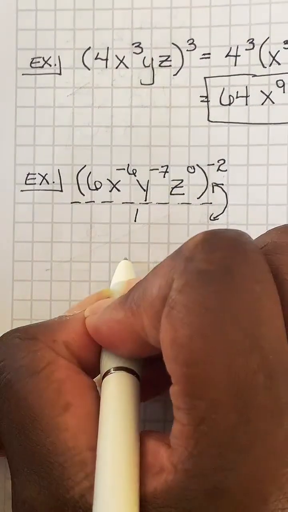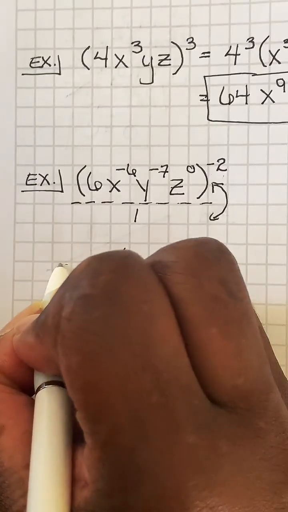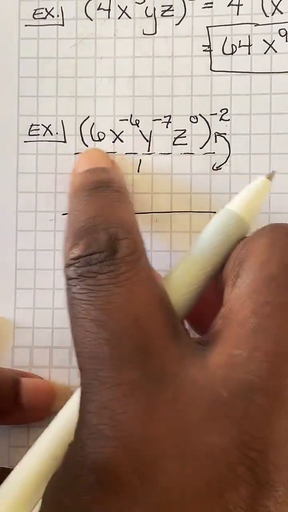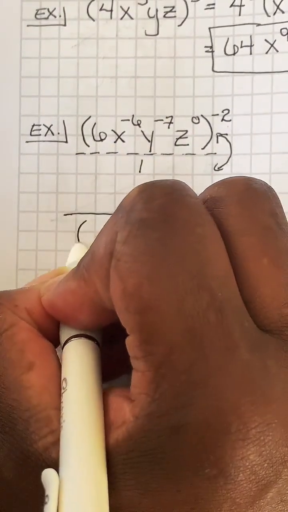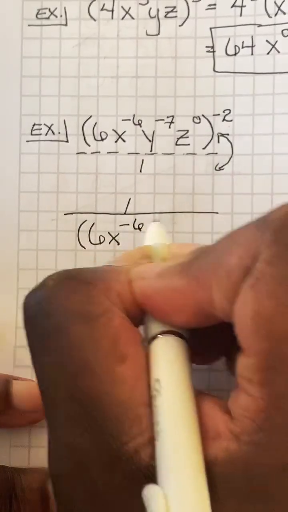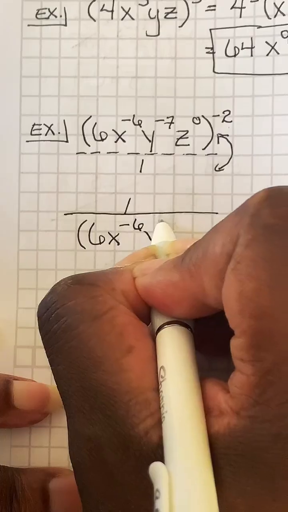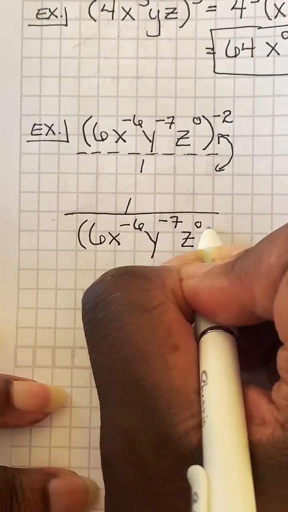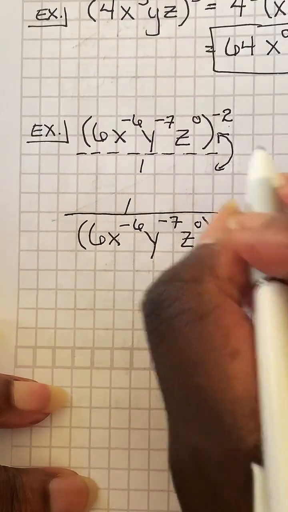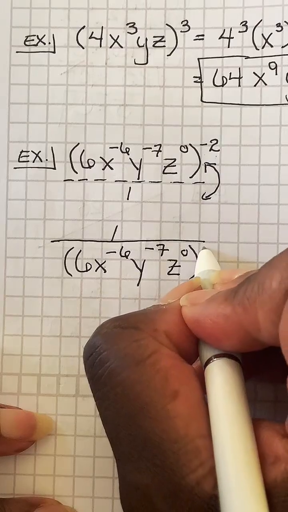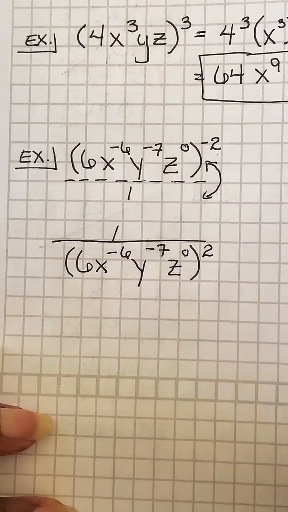So that means my 1 is going to be my numerator. My denominator is basically going to be the base as is. Okay, the base doesn't change, even their signage, their exponents, everything stays the same. But what changes when you flip is this exponent. It's not going to be a negative 2 now. It's going to be a positive 2.